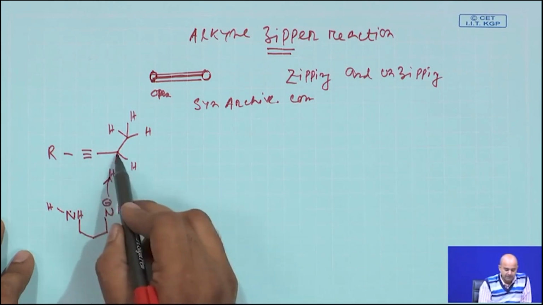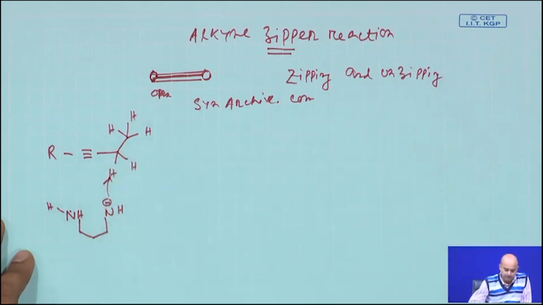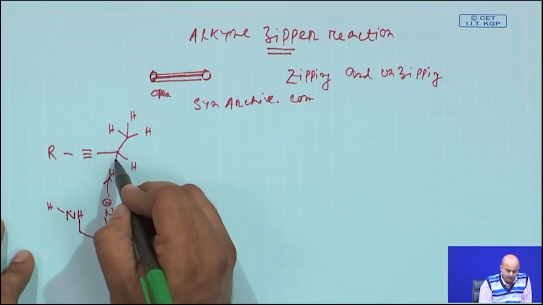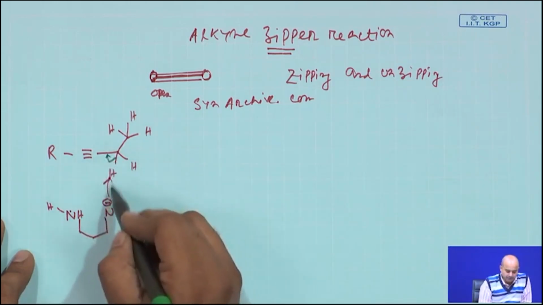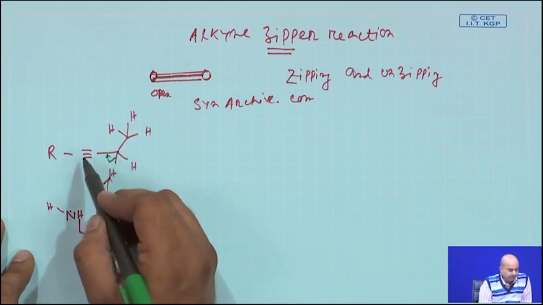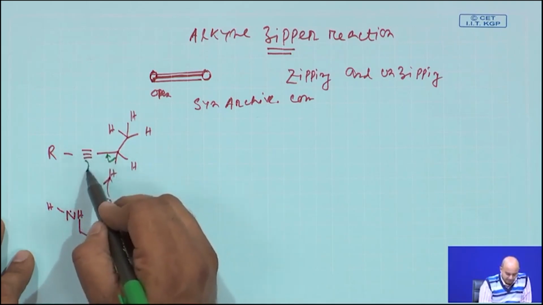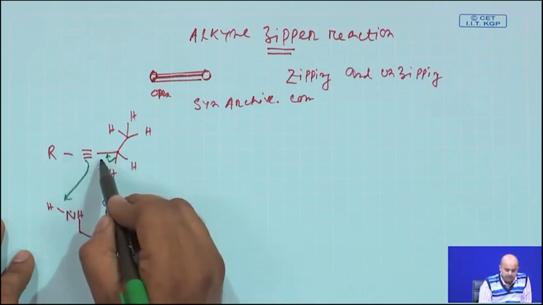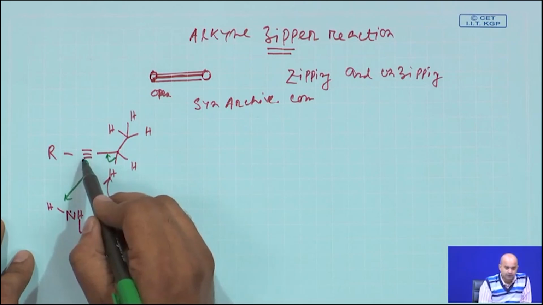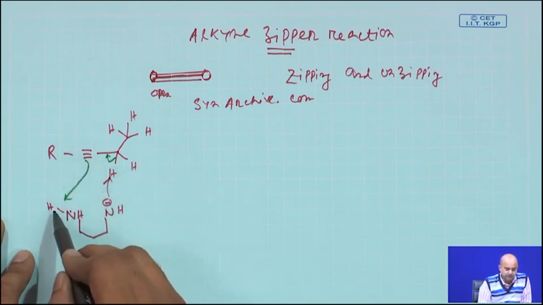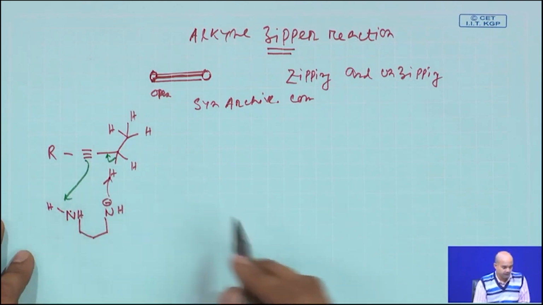Now, this alkyne has a CH2, and this methylene seems to be pretty acidic. Once it is acidic, it is abstracted by this base and it gives you an allene kind of thing, and when this end gets the electron, it abstracts the hydrogen of the 1,3-diaminopropane.